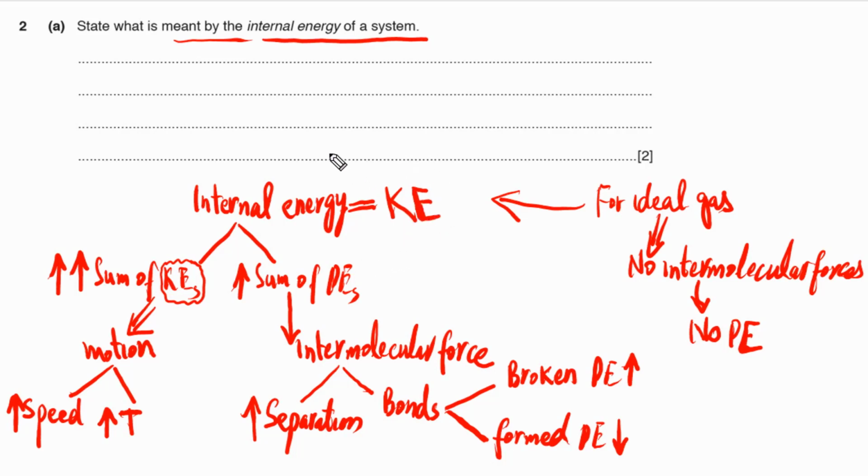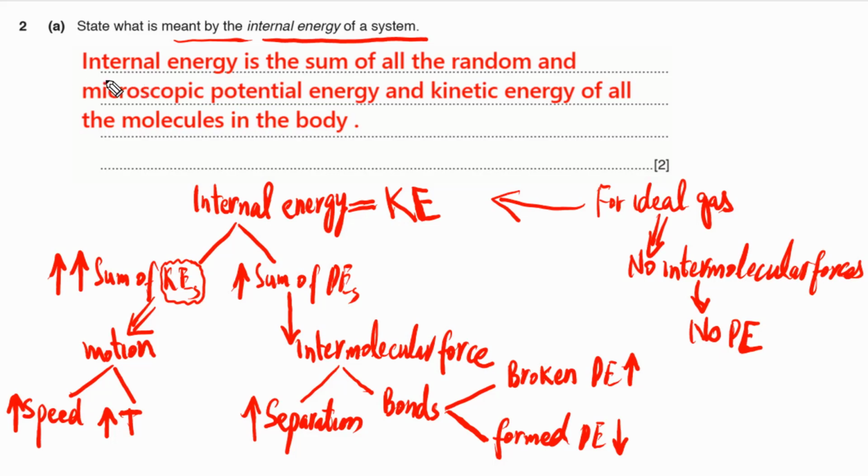Now let's try to define what is internal energy of a system. I hope you have a clear idea now of what internal energy of a system is. Let me explain how to write a proper answer for this question. This is how you can write down internal energy of a system.